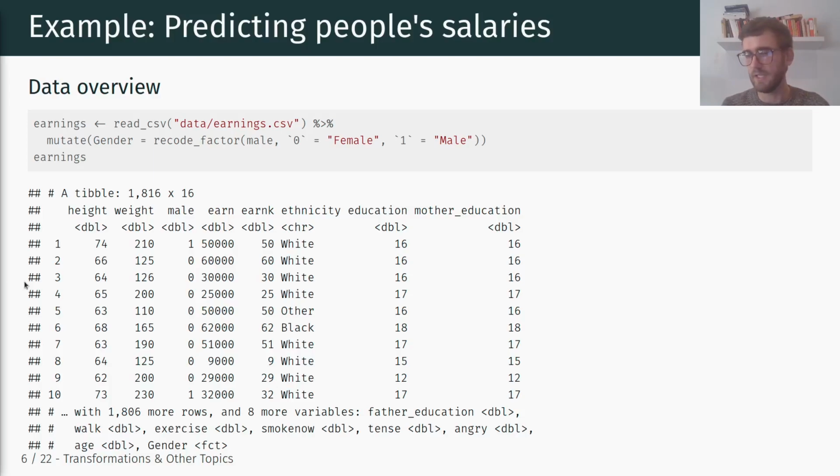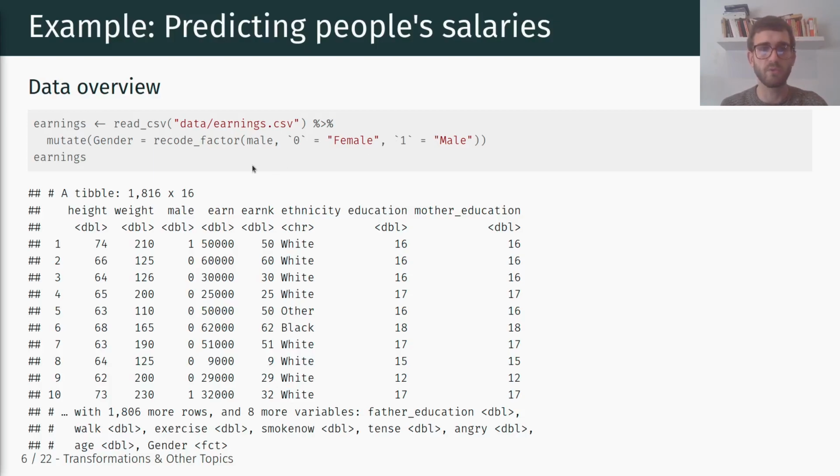We loaded our CSV. And all we did here was we also recoded a new gender variable that transforms basically the indicator variable male here to an index for female and male just as a factor, just for plotting purposes later on.